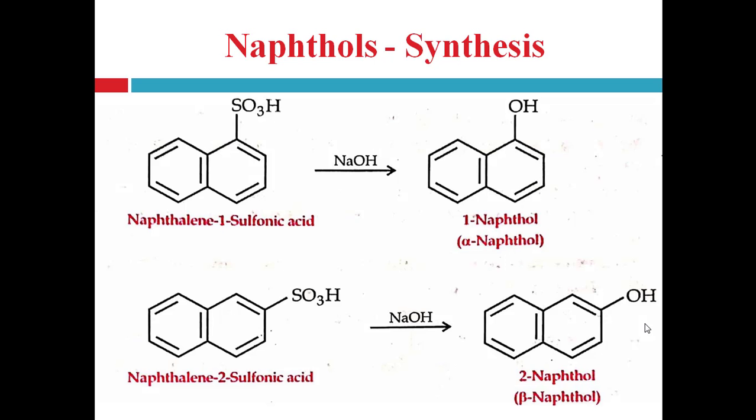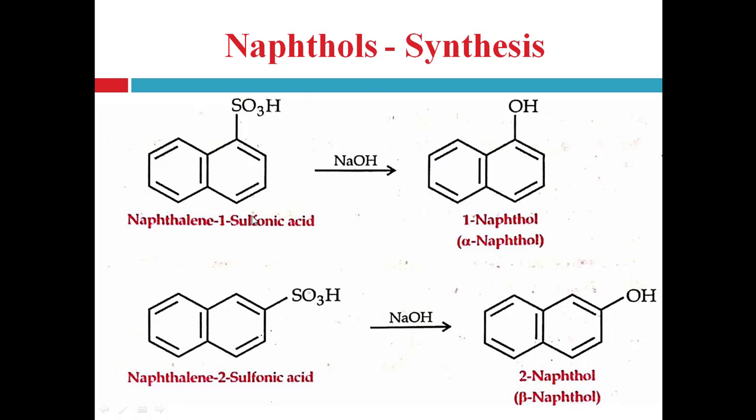First one is naphthols. Two types of naphthols are available, that is either alpha naphthol or beta naphthol, right? Occurs in small quantities in coal tar. In industry, it can be formed by fusion of naphthalene sulfonic acid with sodium hydroxide. See here, its synthesis is given.